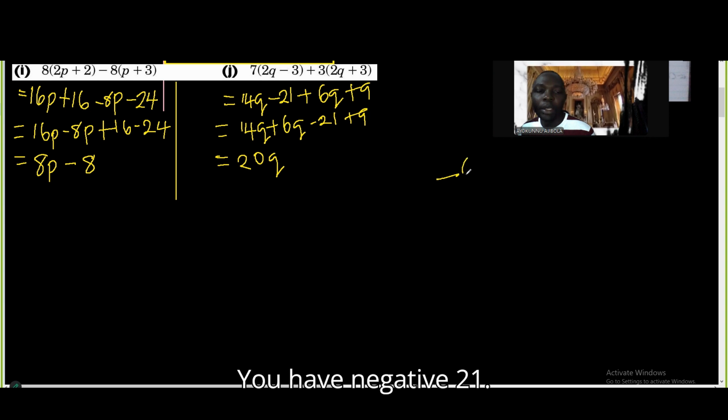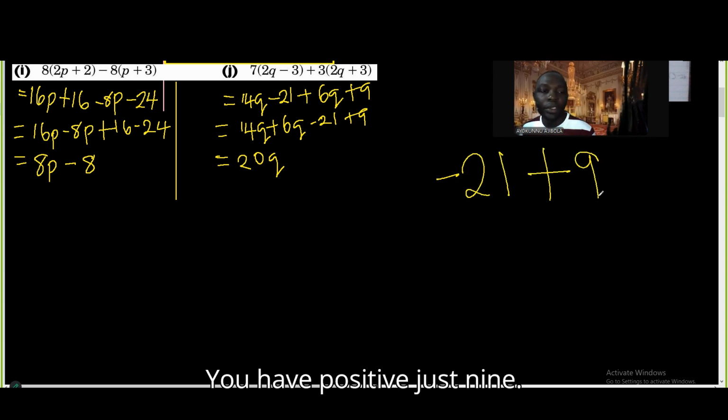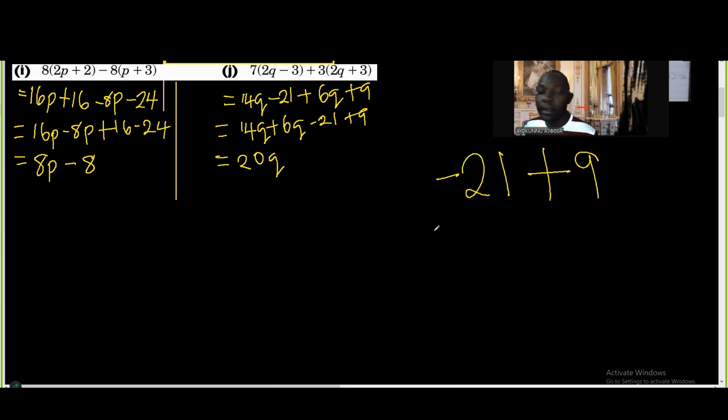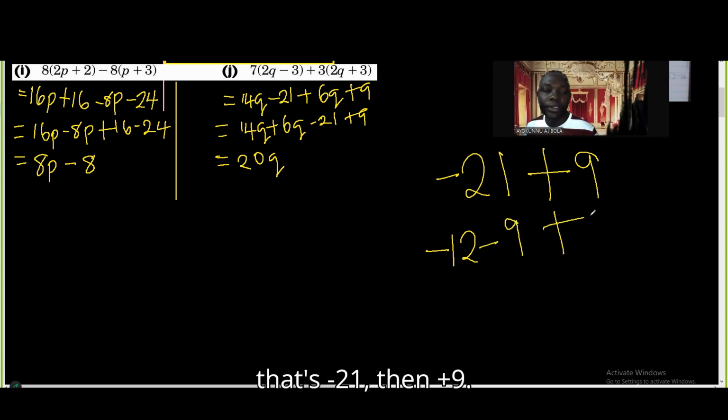You have negative 21. You have positive just 9. So what if you split this into positive two negatives, like minus 12 minus 9, that's minus 21, then positive 9.